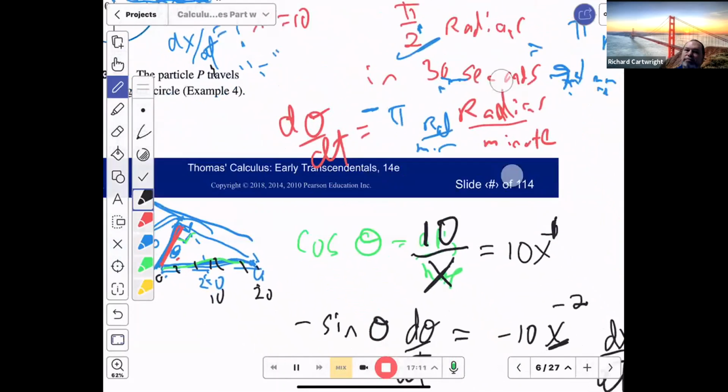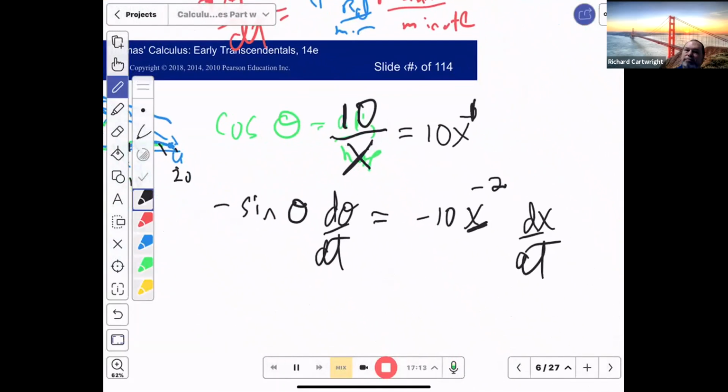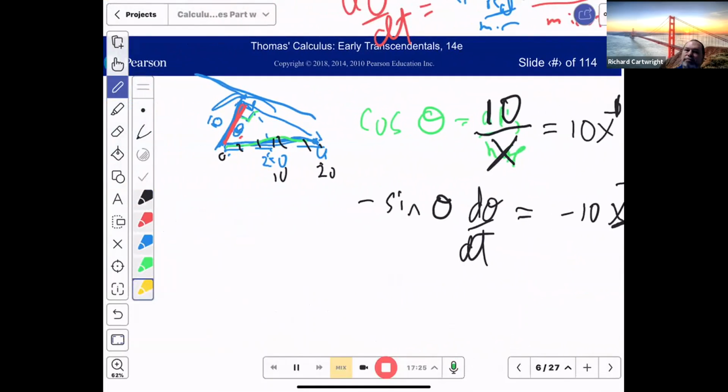So that is very good that dx dt is inside my equation. There it is. And so now the point P, it moves, it stops, and I have to look at that picture again that I drew. That's where it stopped. Okay? So everything is in there.